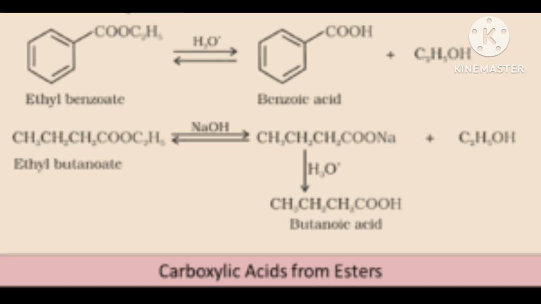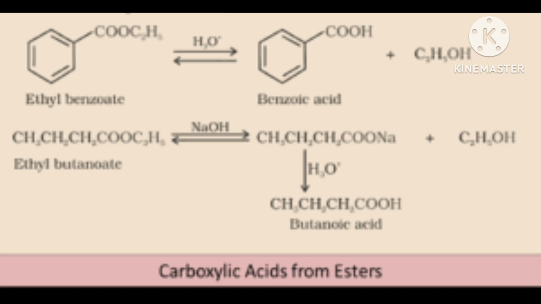Now suppose the reaction is taking place in the presence of NaOH. Na is plus, OH is minus. With the C double O that was minus, Na will attach. Then you will get C double O Na with the propyl group attached. The other will be C2H5OH, because C2H5 is positively charged and OH will join there.